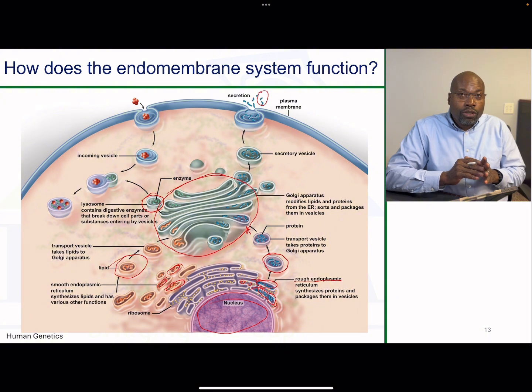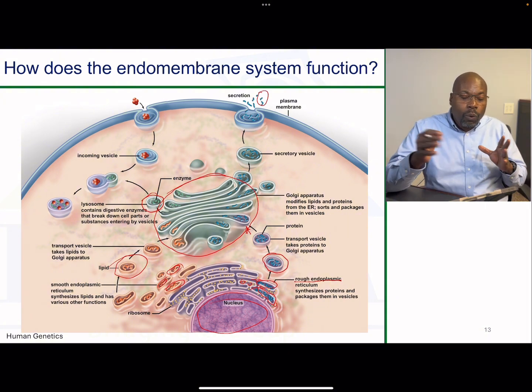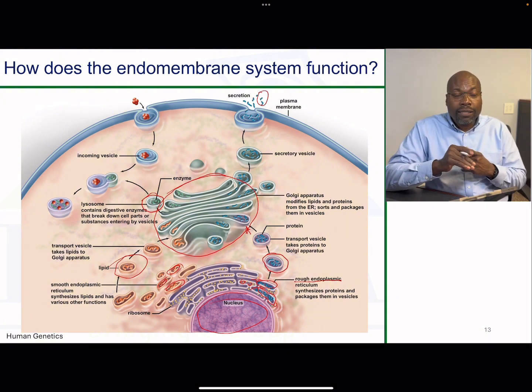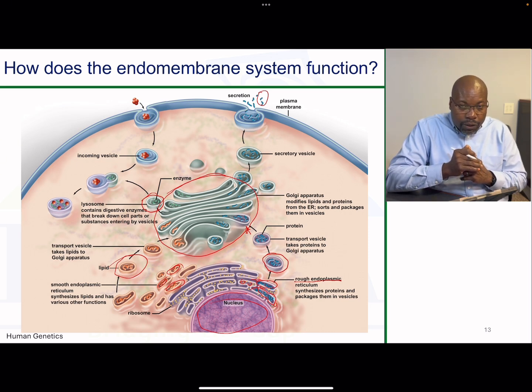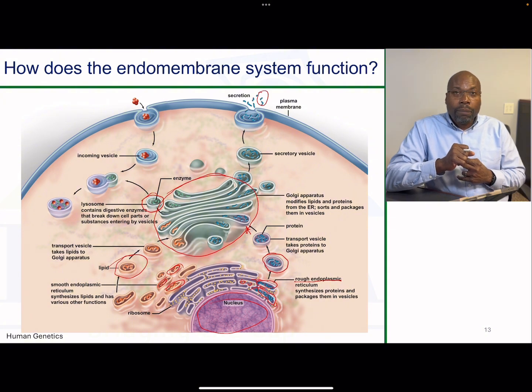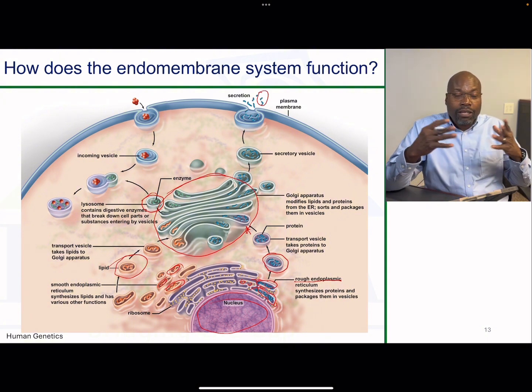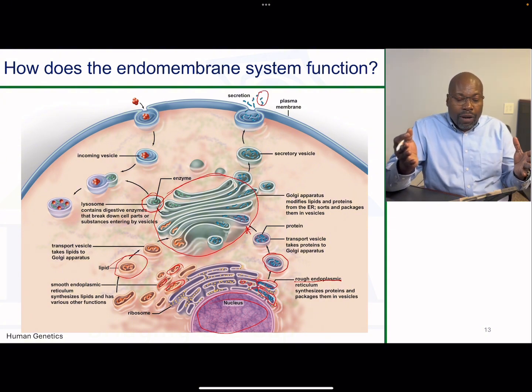That is actually sorting proteins to send them where they belong. Some proteins are an integral part of the plasma membrane or any other membrane in the cell. Some proteins are designed to go outside of the cell by way of secretion.